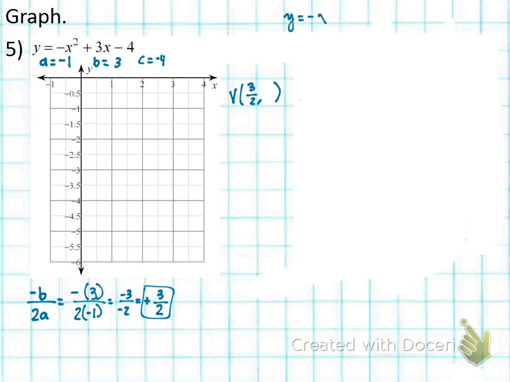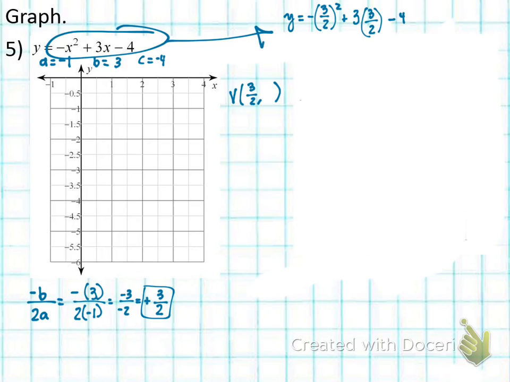So instead of x, we're going to put 3 halves squared plus 3 times 3 halves, plus, or is that a minus or a plus 4? Oh, minus 4. Okay, so we just copied this equation with the input of 3 halves.